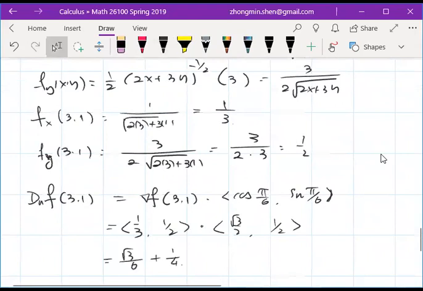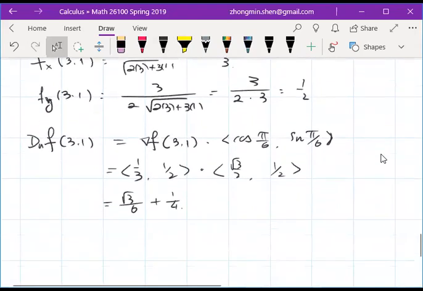So that's it. So this is a number. So this is a rate of change of f.